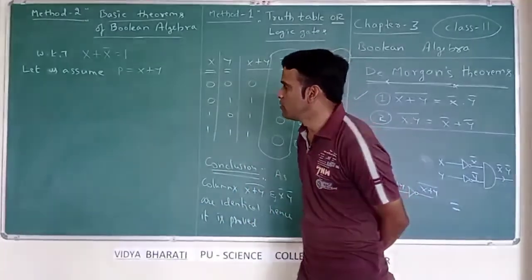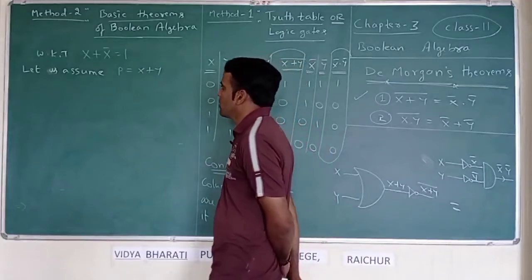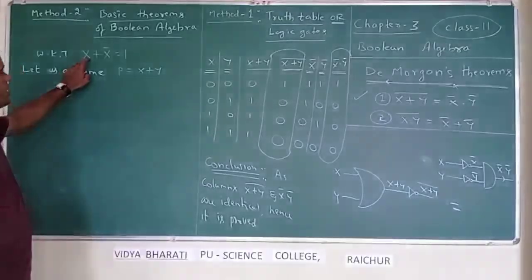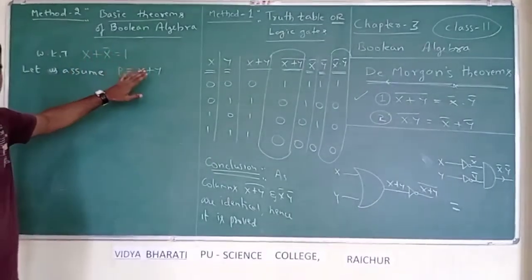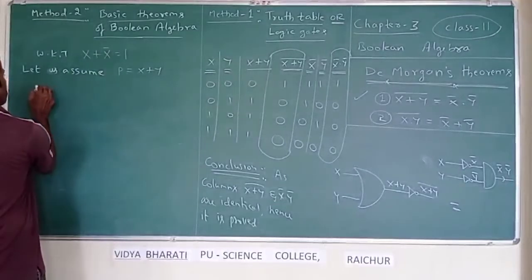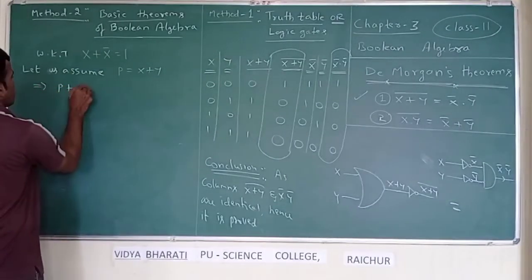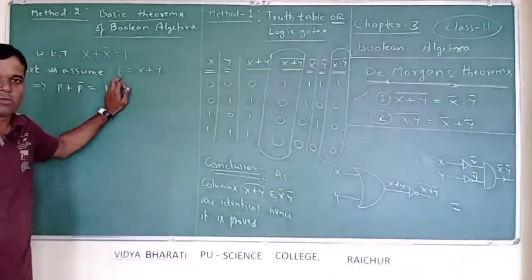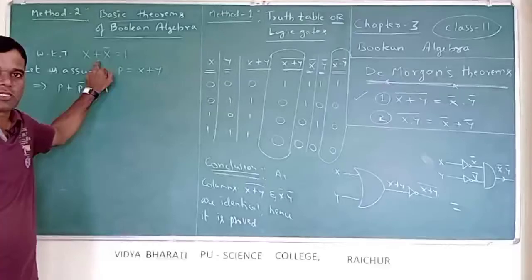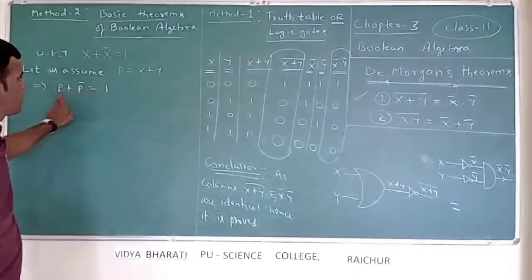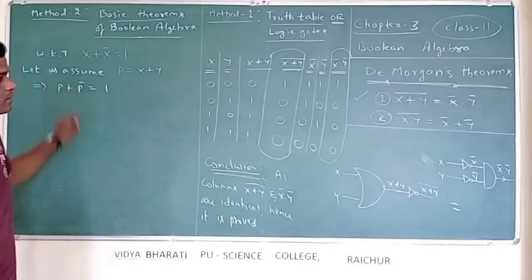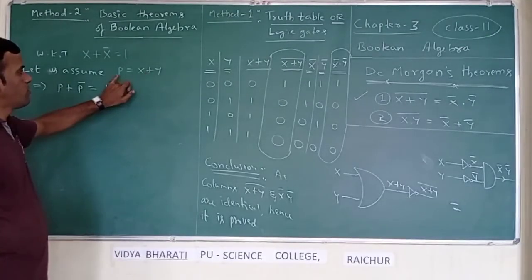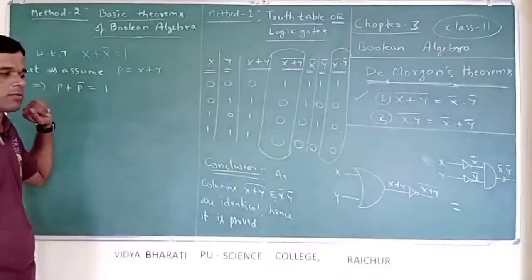So p equals x plus y, and we know the complementary law, x plus x bar equals 1. According to that we can write p plus p bar equals 1. Here p is a logical variable, and we already know this complementarity law, so we can write p plus p bar equals 1. Now we will substitute x plus y in place of p in this statement, p plus p bar.